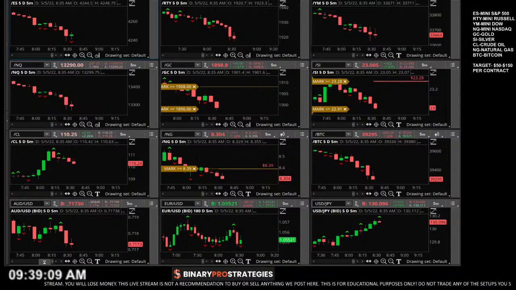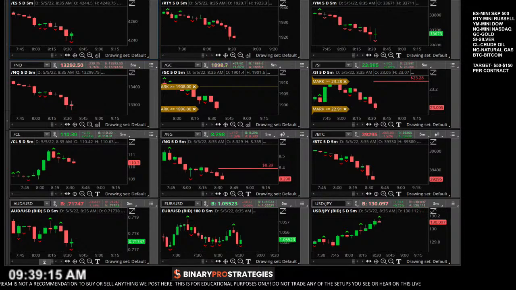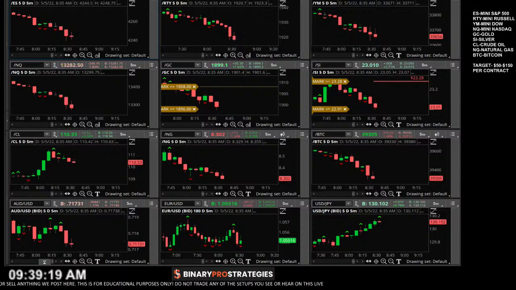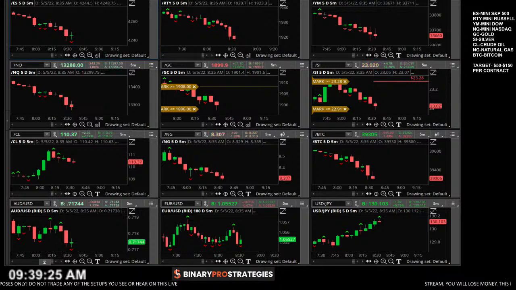Natural gas hit its target. That was a strong pattern setup. I like those. So hit target on natural gas. Still short silver and gold. And also now short crude.